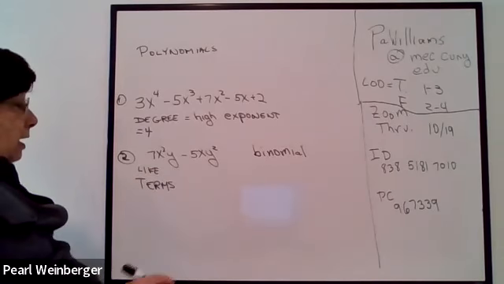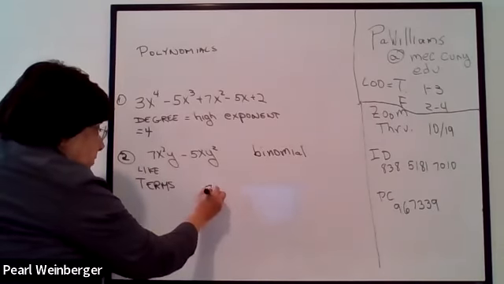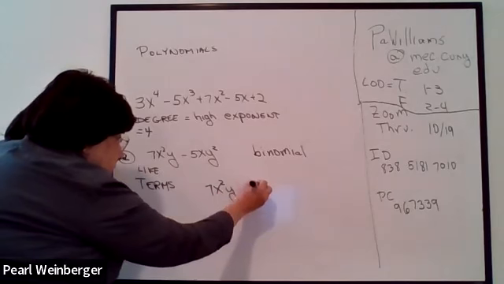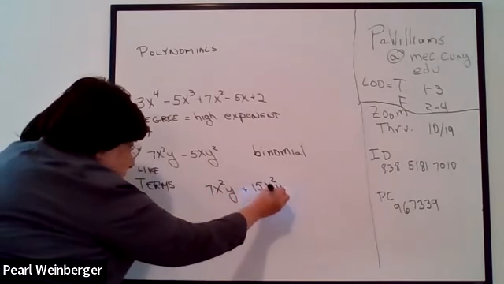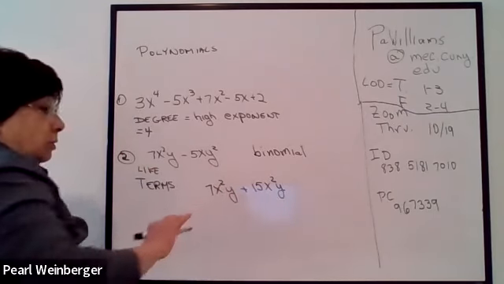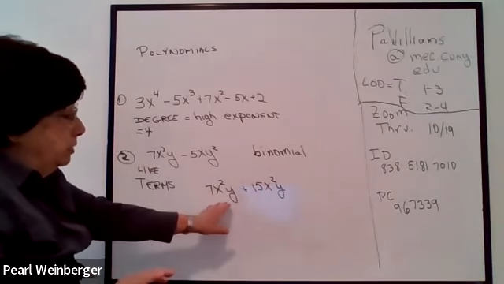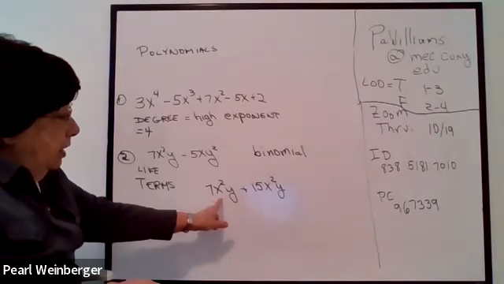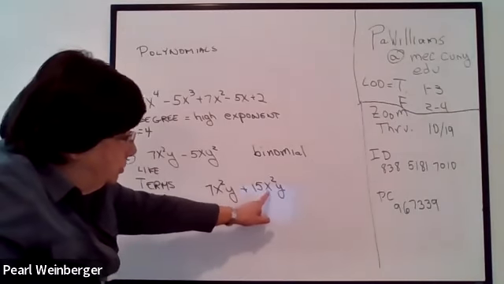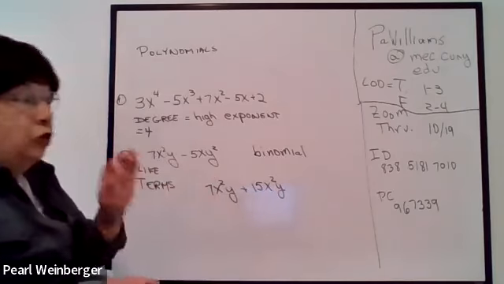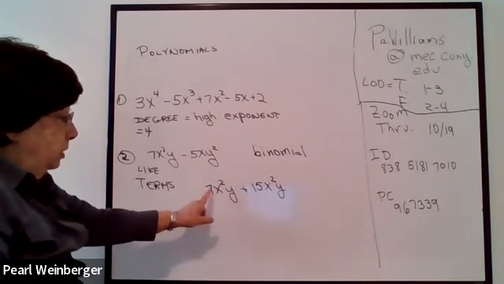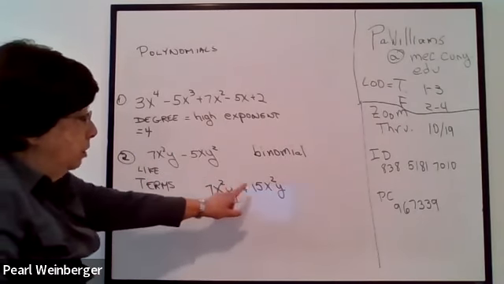Let's say I have something like this: 7x squared y plus 15x squared y. If I look at the letter part, the variable part of the expression, they're both identical. This is x squared y, this also says x squared y. Those are like terms. If we have like terms, then we can combine the coefficients.